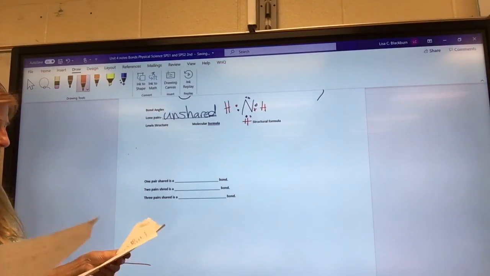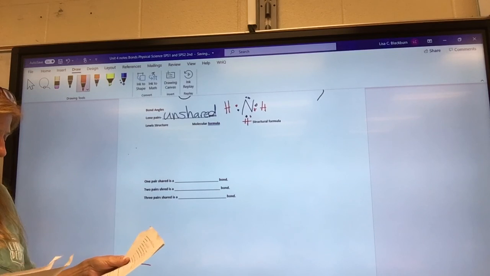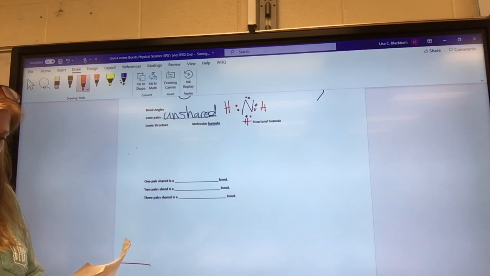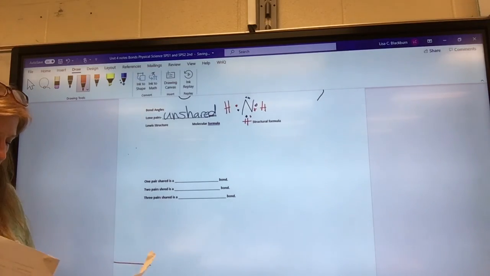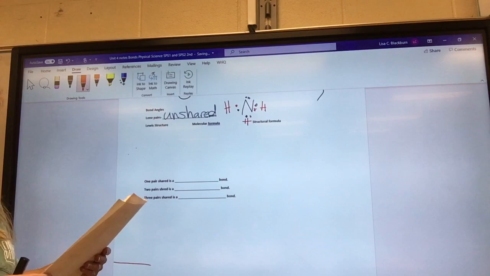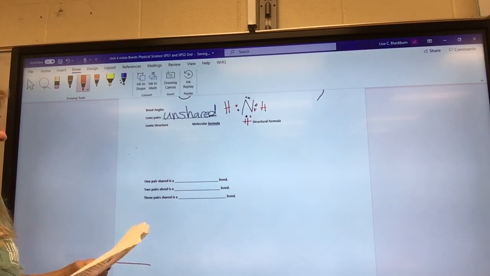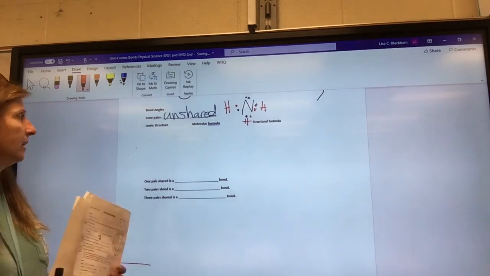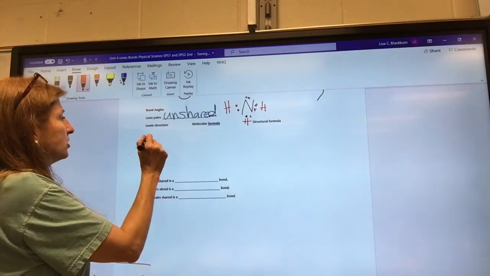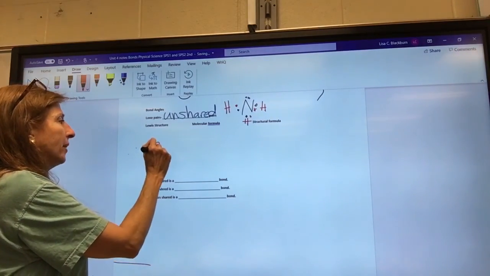So we have done this a little bit in our lab yesterday. We talked about how there are different kinds of structures that you can draw. So what we're going to do is look at methane, CH4, and its Lewis structure. You put carbon in the middle.